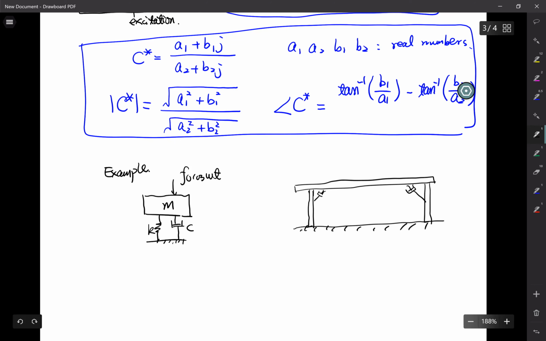Somebody is dancing on this table or jumping on the table. All right, so this guy is jumping at different frequencies. Sometimes he's jumping really fast, sometimes really slow. You want to design the legs of your table so that it will never break, no matter how this guy jumps. You see the question?